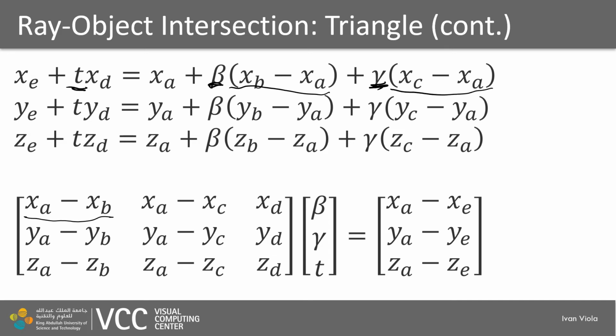Xc minus xa is turning into xa minus xc for the gamma. And then the coordinates of the point E are going to the right-hand side. So then the xa values are subtracted by the xe for the X coordinate and etc. for the Y and Z coordinates.